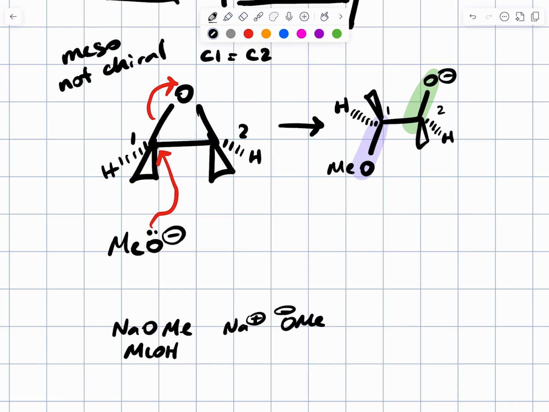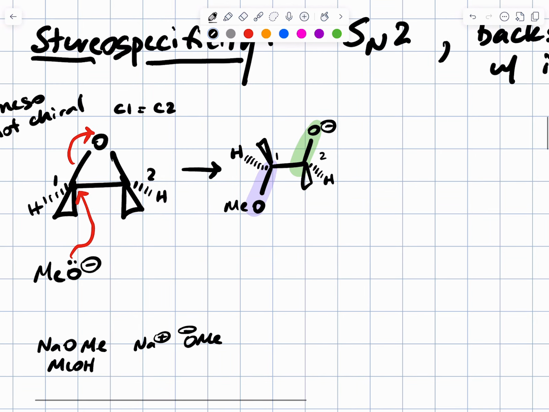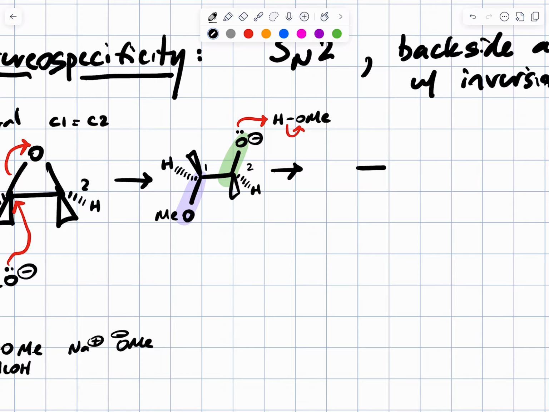That is how you show inversion of configuration. Then, afterwards, you pick up a proton from the solvent or during aqueous workup. In this case, if the solvent is methanol, you've got plenty of protons present, and your product is this.